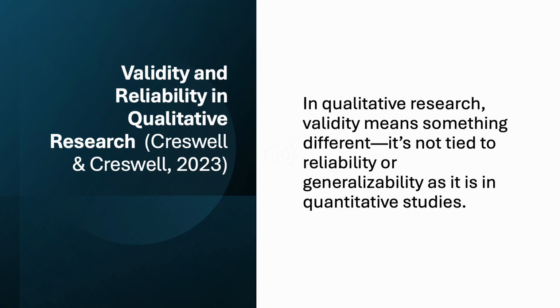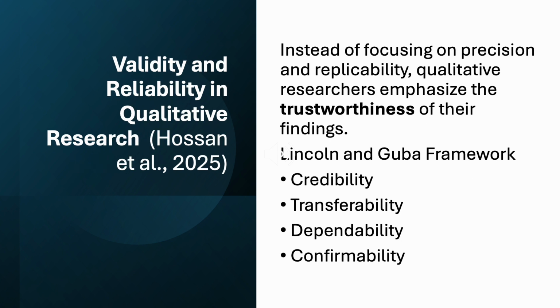Reliability, in this context, means that the researcher's approach remains consistent across different studies and among different researchers, as explained by Gibbs, 2007, cited in Cresswell and Cresswell, 2023. Instead of emphasizing precision and replicability, qualitative researchers focus on the trustworthiness of their findings.